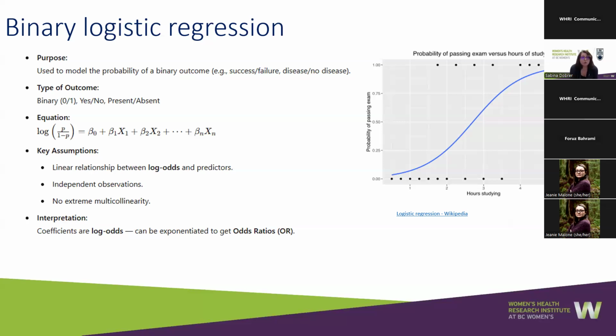So, key assumptions for logistic regression. Because it's a transformation that gives us linear regression, we should have a linear relationship between the log odds of our outcome and the predictors. So the log odds should be linearly related to our independent variables, and I'm going to show how to check it. Observations should be independent, and in statistics everything will be independent.